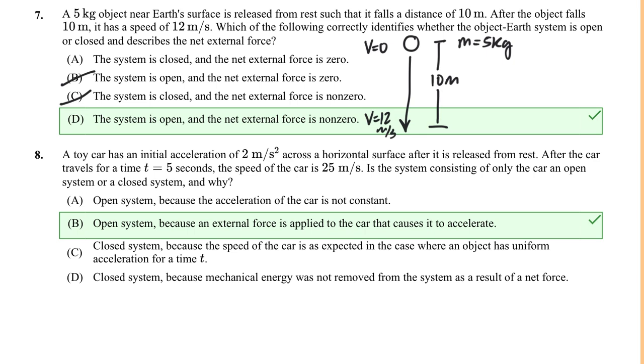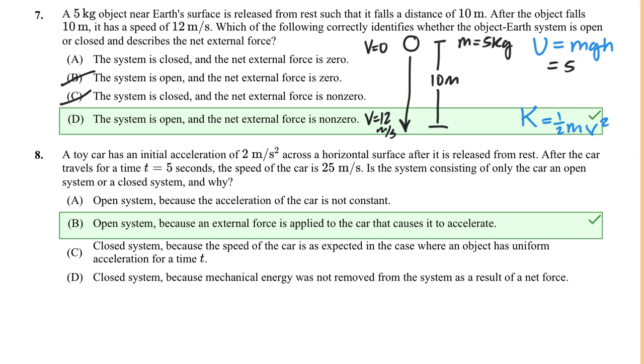So initially, this object has potential energy because it's from a distance from the ground. So U, and then by the time it reaches the ground, all that potential energy will turn into kinetic energy. So U equals mgh, kinetic energy equals 1/2 mv squared. So I'm going to plug in what we're given.